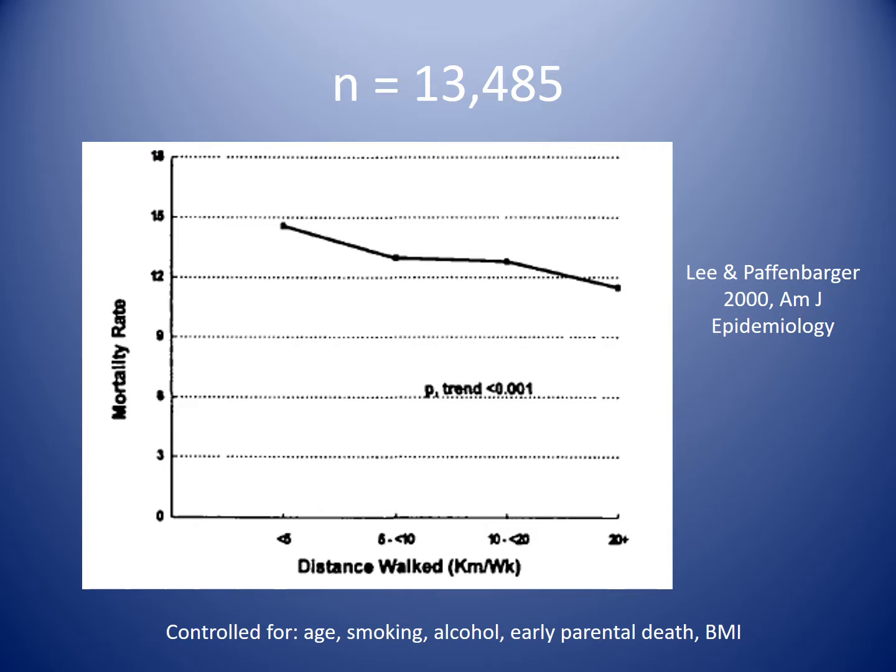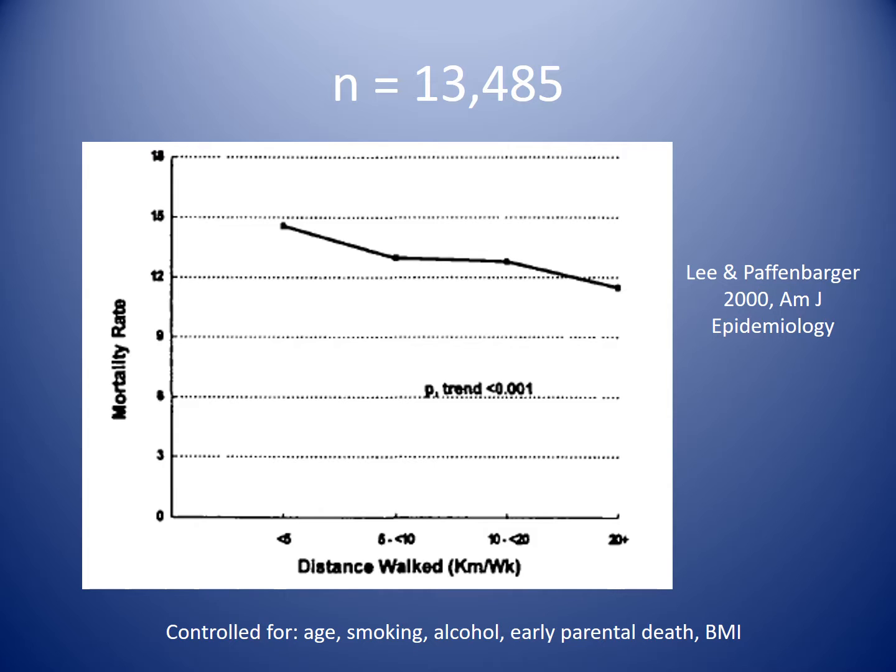And what you see on your x-axis here is they divided the groups into those who walked less than 5 kilometers a week, then those who walked between 5 and 10 kilometers, 10 and 20, and the most active group walked 20 kilometers or more per week. And then you see the mortality rate here on the y-axis, so higher up on the chart means a higher mortality rate.